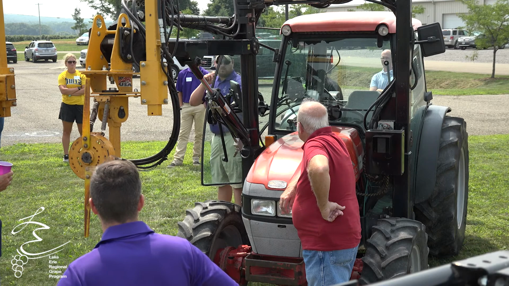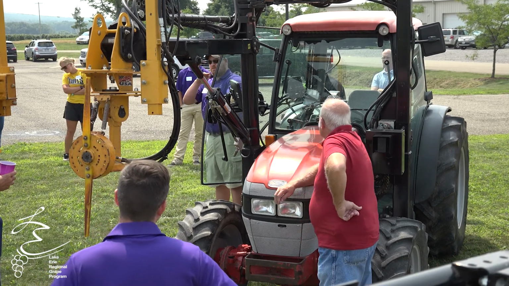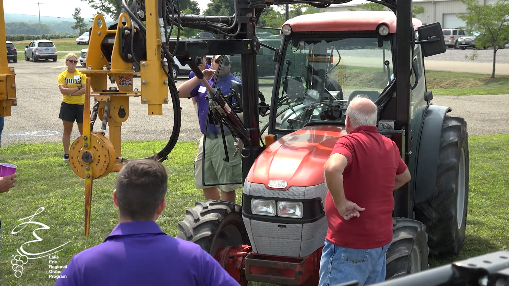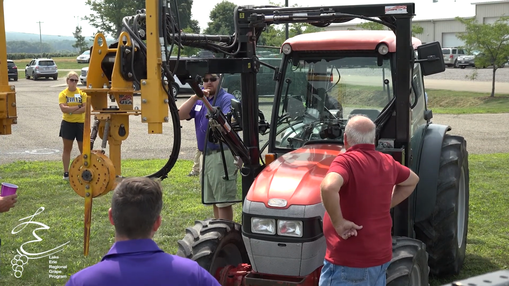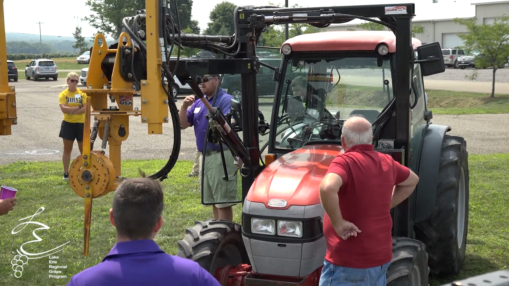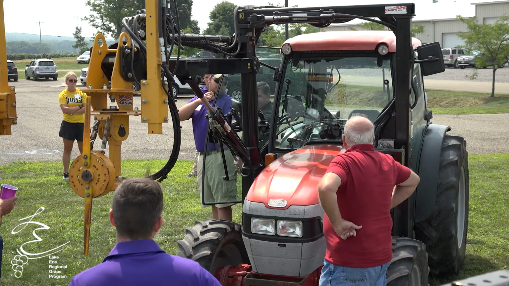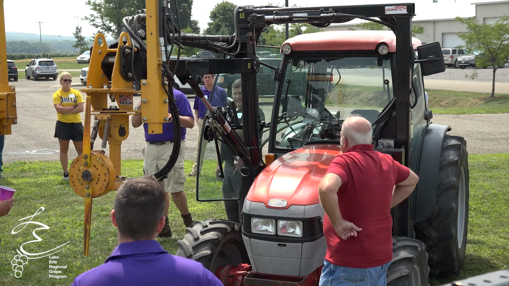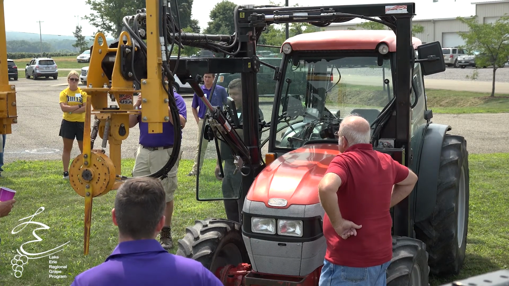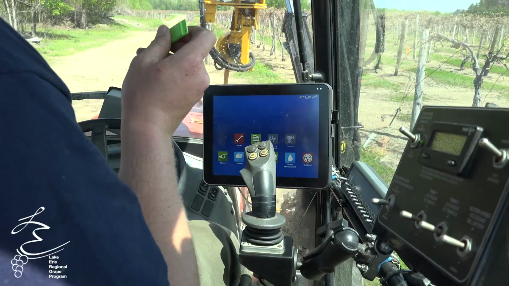So on our tool arm that we have here, the tool arm is completely hydraulic controlled. We've got our joystick to control it, and prior to adding the Ag Leader system to it, you had a switch that you increased or decreased, and it was a fixed rate for the speed of the paddles, speed of cutters, or whatever you were running.